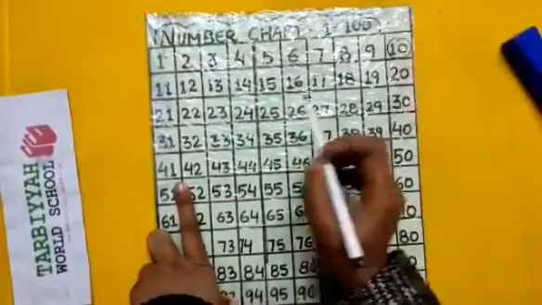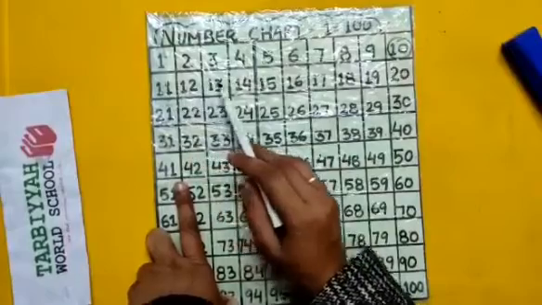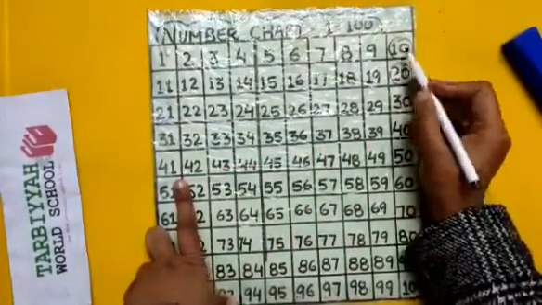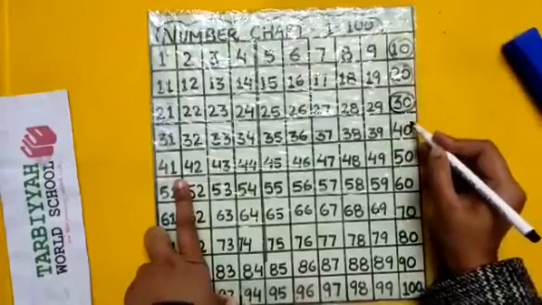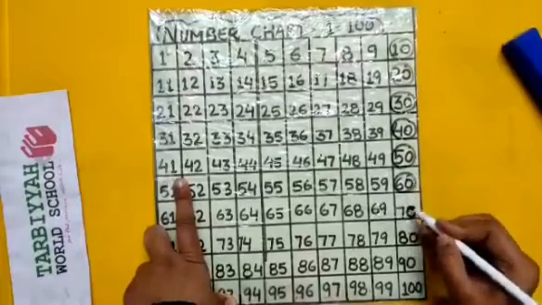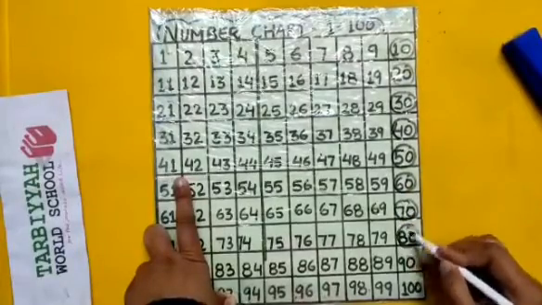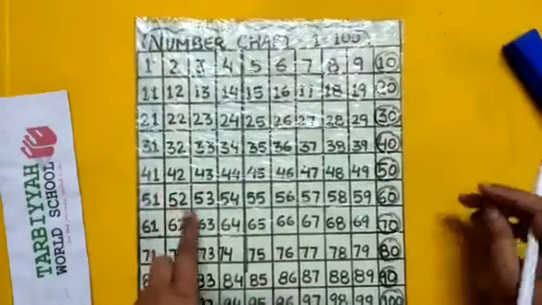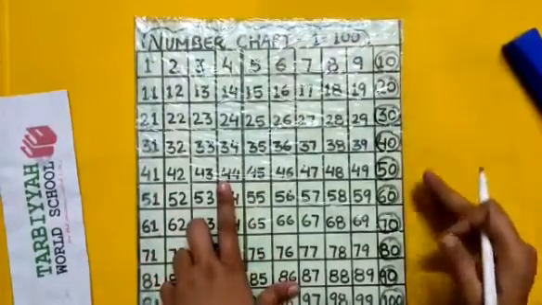10 is our answer. 1, 2, 3, 4, 5, 6, 7, 8, 9, 10. 10, 20, 30, 40, 50, 60, 70, 80, 90 and 100. In skip counting of 10, this is our answer.